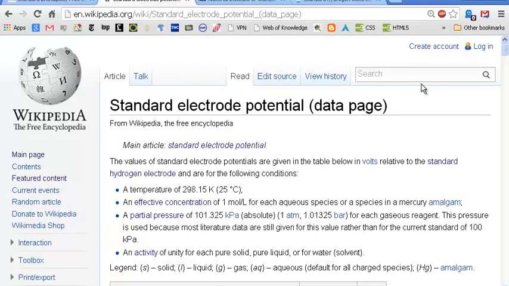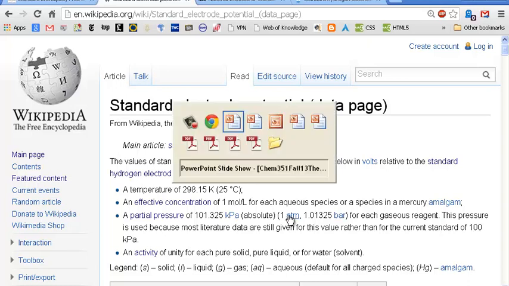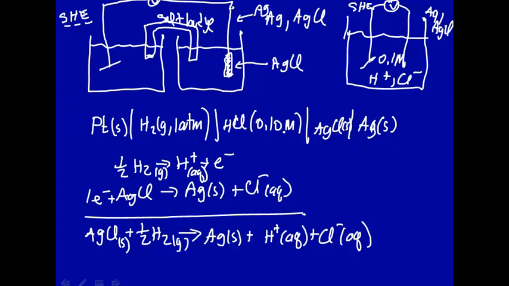Standard state means specifying units. Units here, by convention, are 1 mole per liter or 1 molar, M-O-L-A-R, and 1 atmosphere for hydrogen. All right, so that's why we express this in terms of molar concentration.